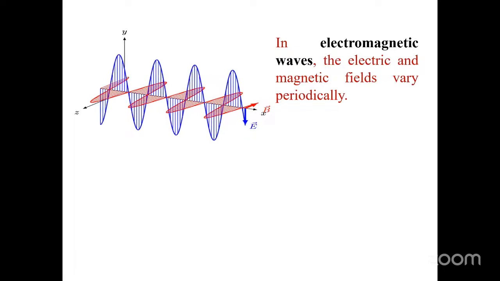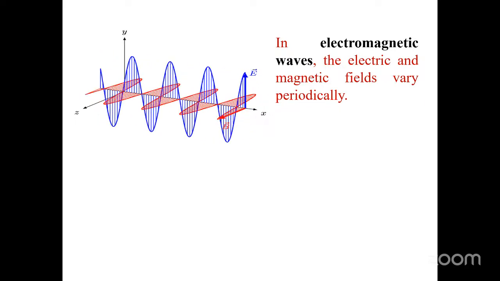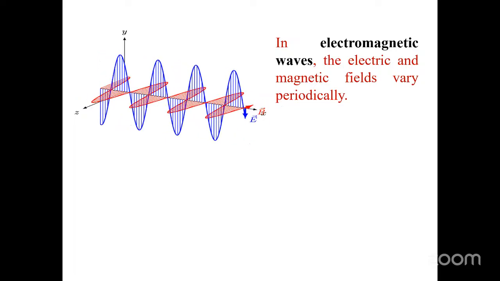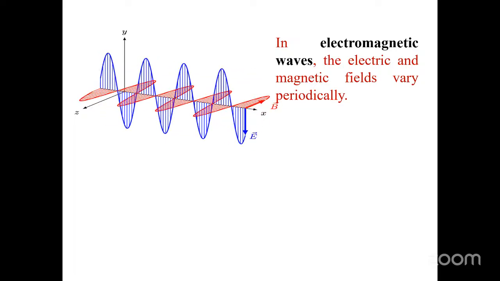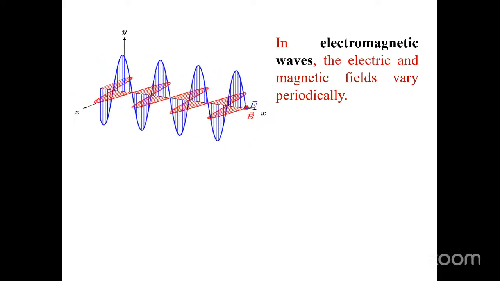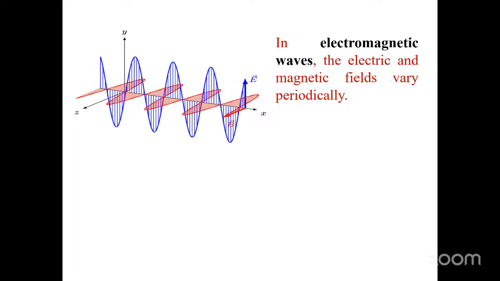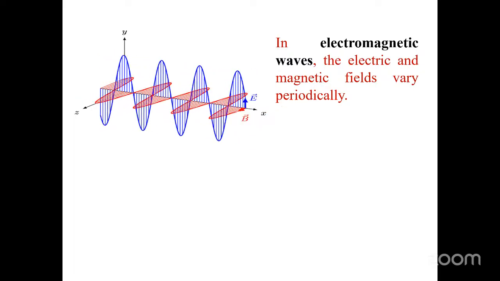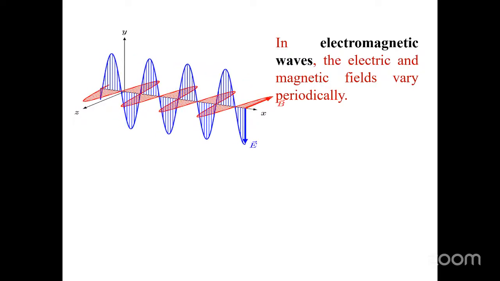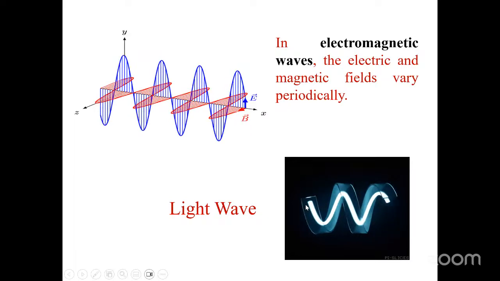Okay, so in electromagnetic waves, the electric as well as the magnetic fields vary periodically. You can see how the components of the electric field and magnetic field vary with respect to time.